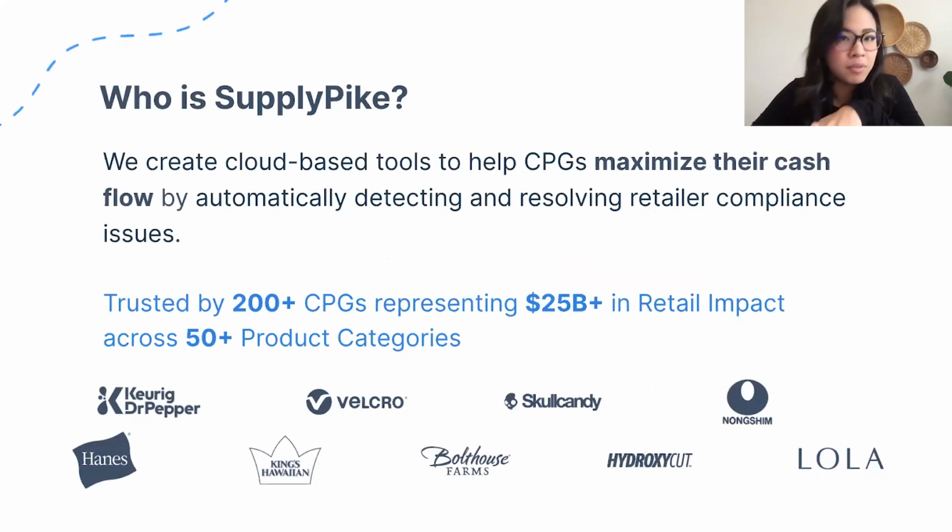And we do this in a couple of different ways. The first of which is, of course, automatically detecting and resolving retailer compliance issues. So we do that through a couple of our apps, including Deductions Navigator, which is aimed at finding invalid deductions at retailers and helping you fight those, as well as OTIF Radar, which is, of course, aimed at helping you with your on-time and in-full fines from Walmart.